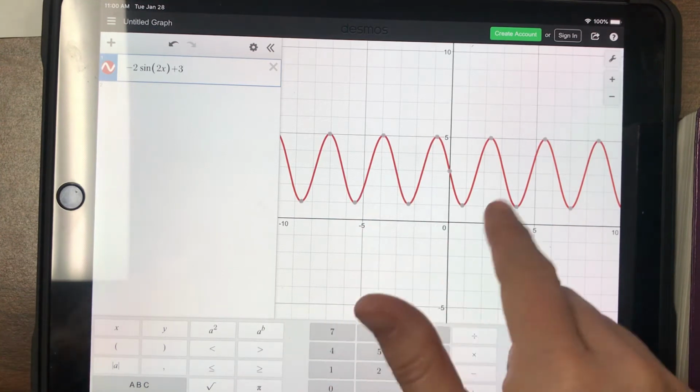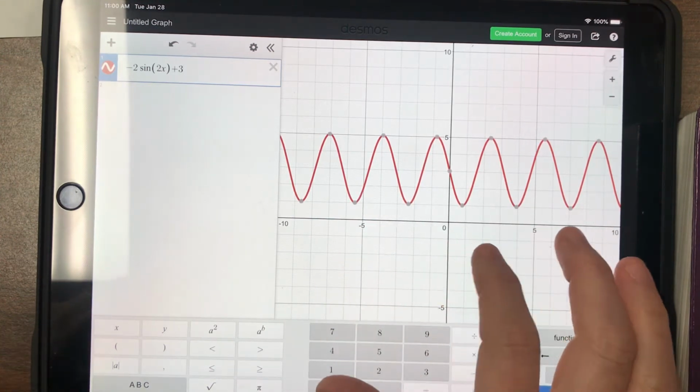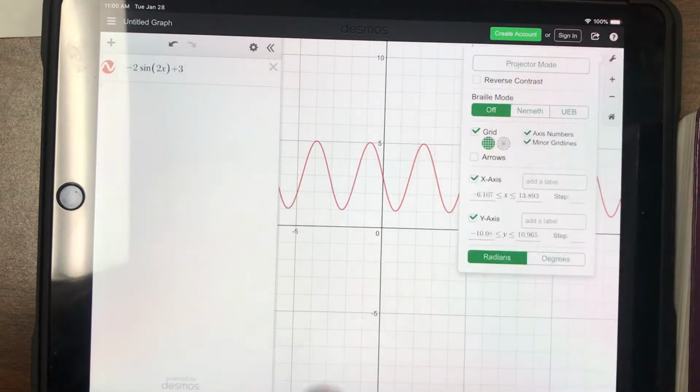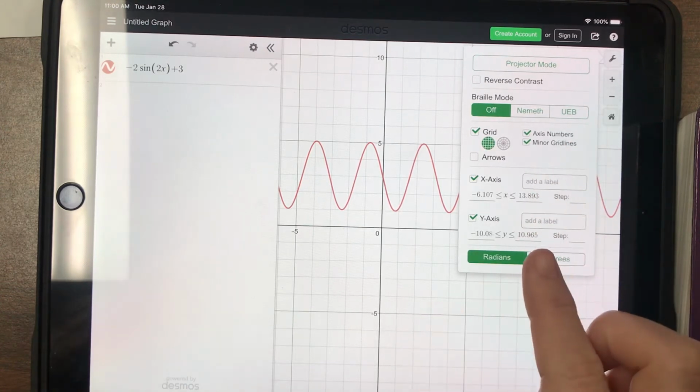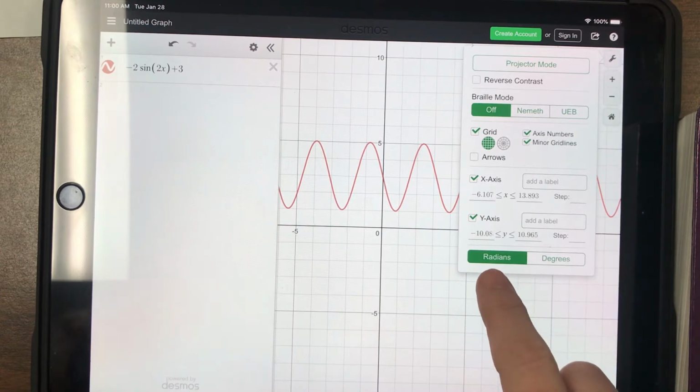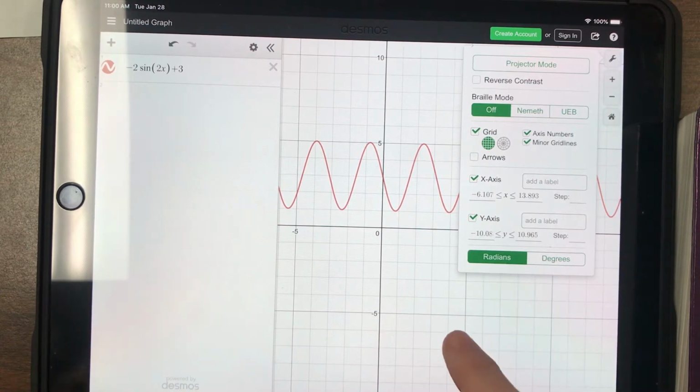Now, it's hard to tell with my scale across the bottom what's happening. So I'm going to come up to this little tool button right there and change things. I can put it in radians or degrees. Trig functions are so much easier to graph in radians.